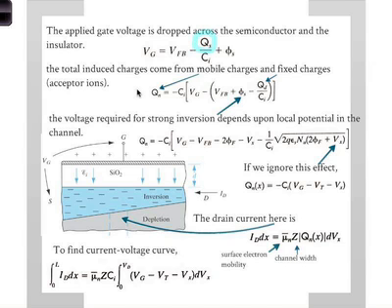If I apply higher and higher gate voltages, what is happening to the electric field? It's increasing, right? So what happens to the electrons here?